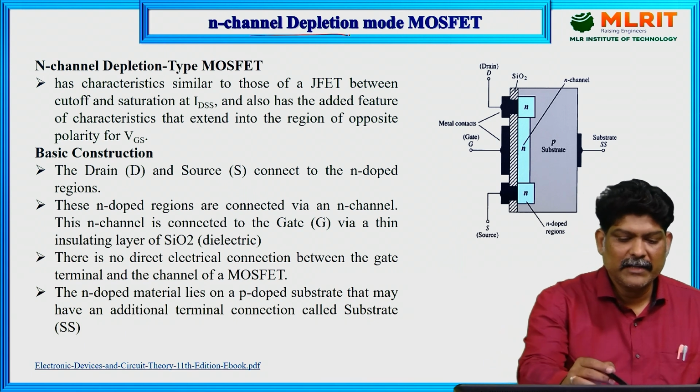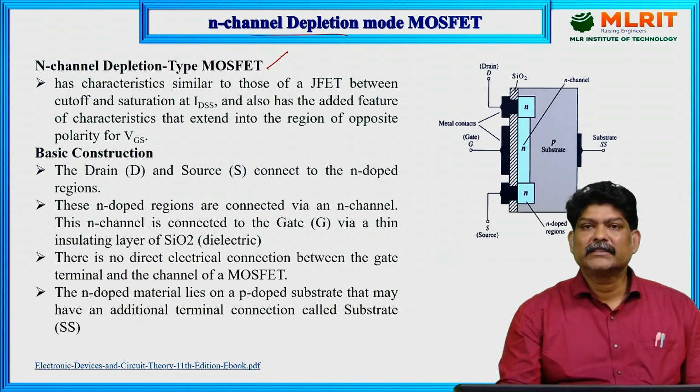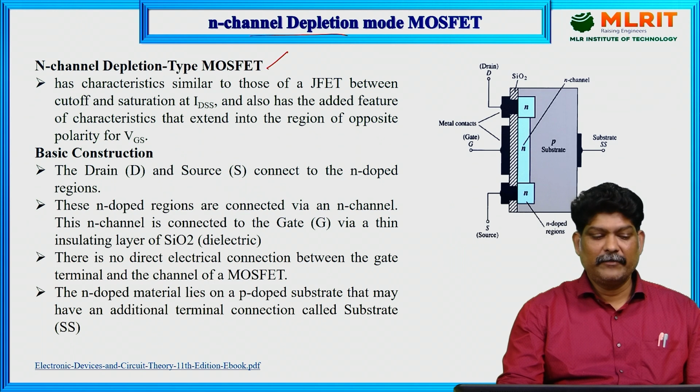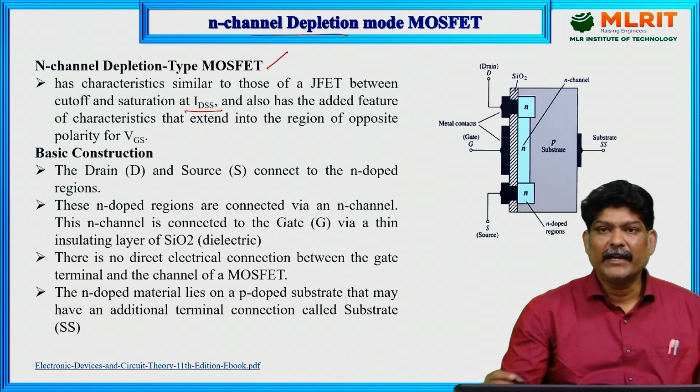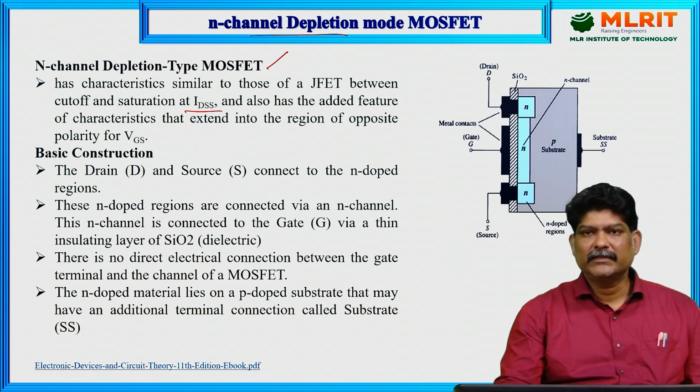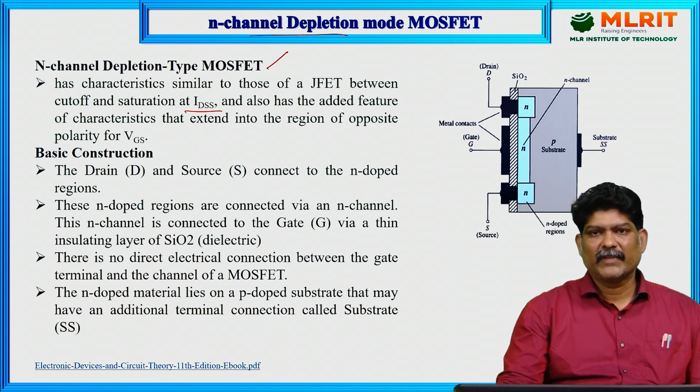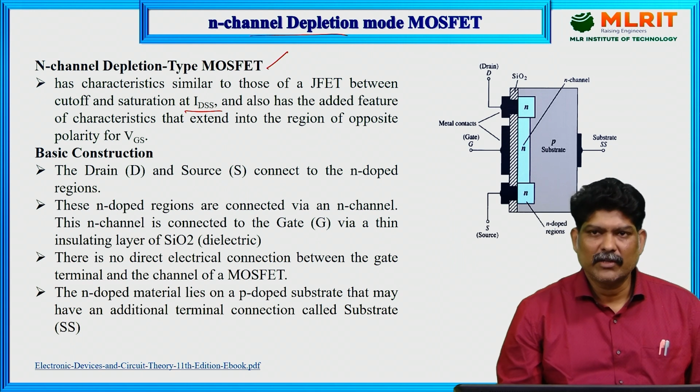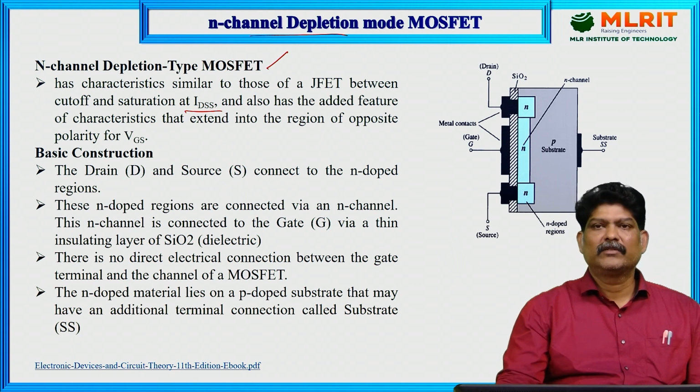The N-channel depletion type MOSFET has characteristics similar to those of JFET between cutoff and saturation, that is IDSS. IDSS stands for the output drain current when the gate is short circuited, or VGS equal to 0.